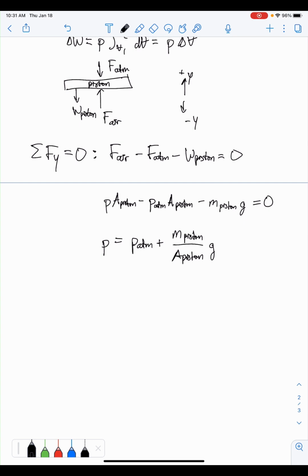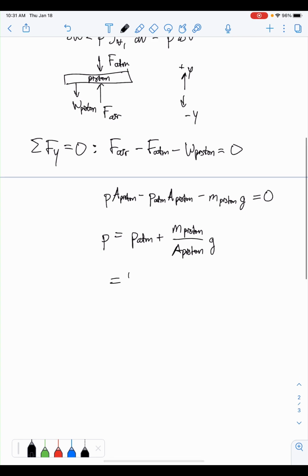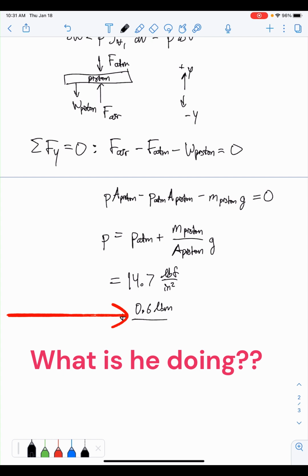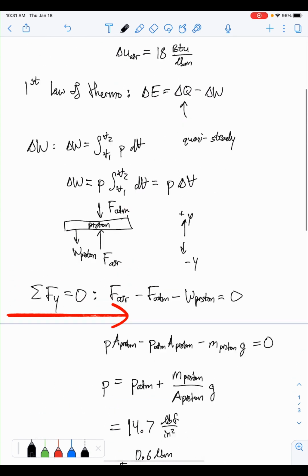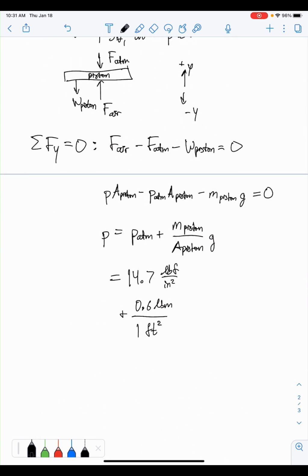And we have all the variables, so let's just plug it in real quick. I believe this is what's used for English units.